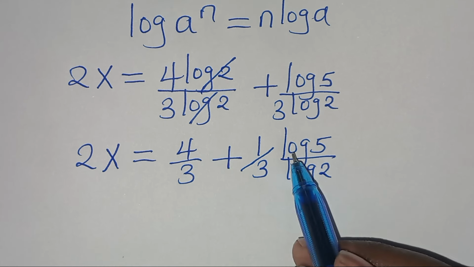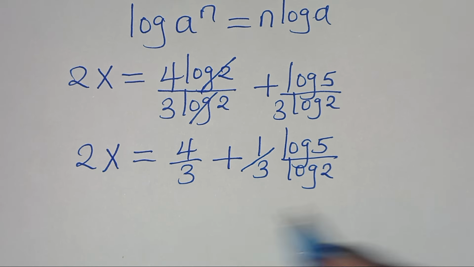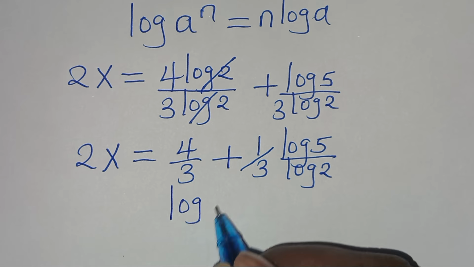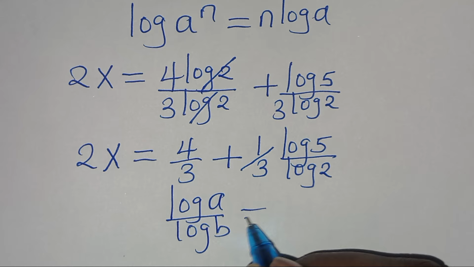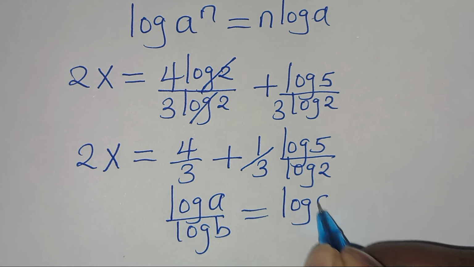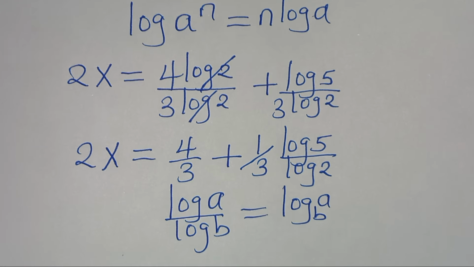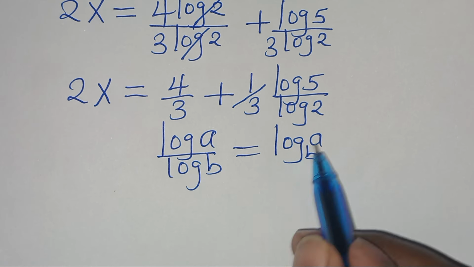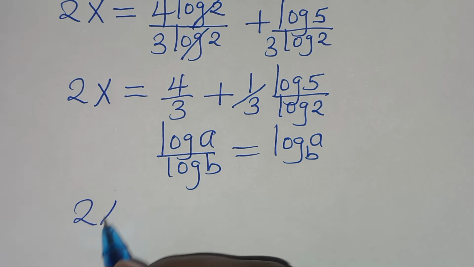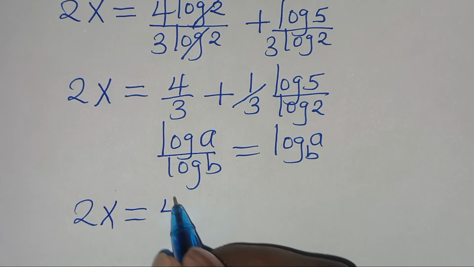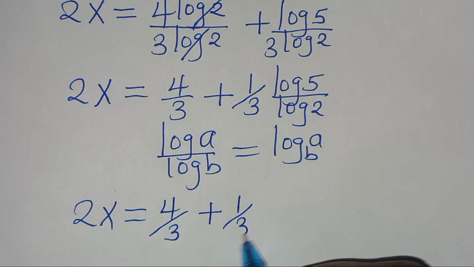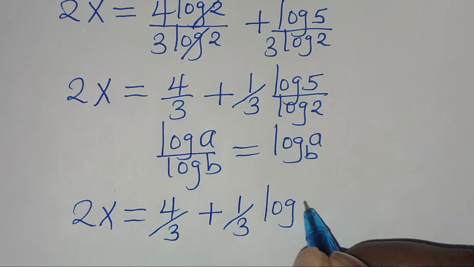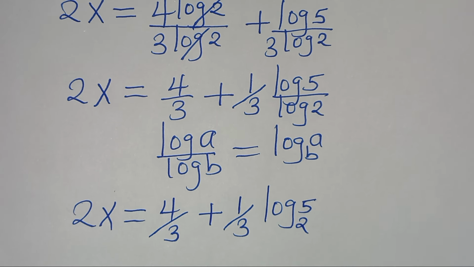The next step is that log 5 over log 2, this is in the form of log a divided by log b, and this can be expressed as log a to base b. Applying this property, then here we have 2x is equal to 4 over 3, then plus 1 over 3. This is log 5 to base 2.